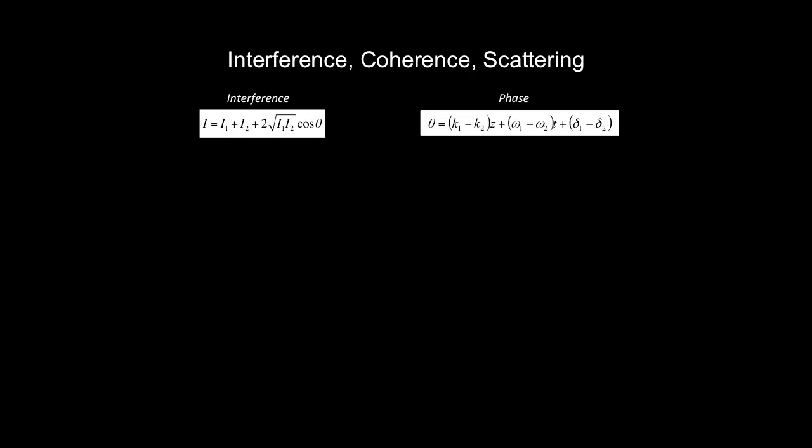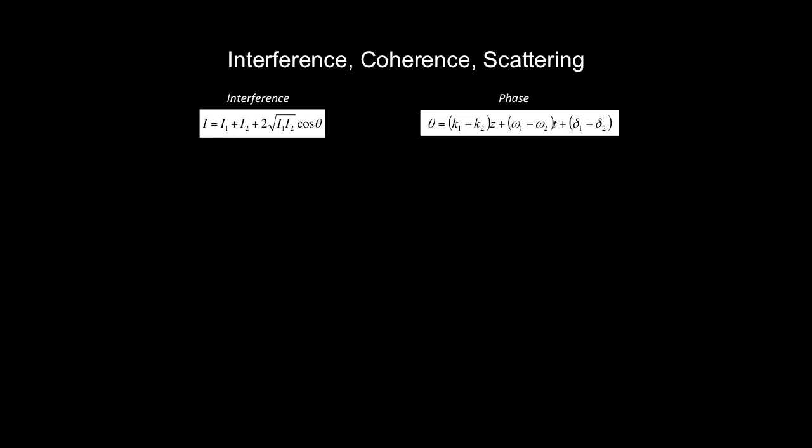So let's go back to look more carefully at the interference. We said that the image is the result of the interference of the light waves. This is the result of the interference of two plane monochromatic waves.